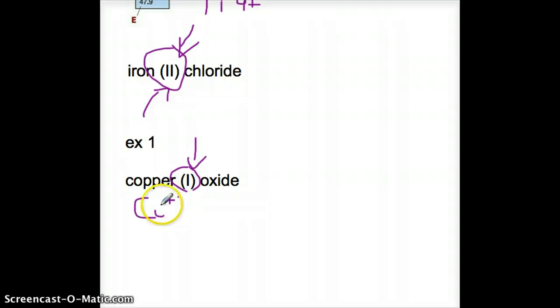So now how would we write these chemical formulas when we are given the compound in words like copper 1 oxide?